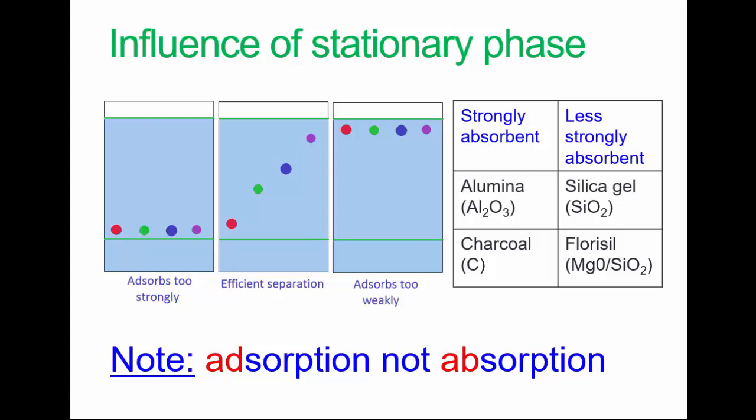Adsorption is the adherence of molecules to a surface. This process creates a film of the adsorbate, the molecules or atoms being accumulated on the surface of the adsorbent. And it differs from absorption, in which a fluid permeates or is dissolved in a liquid or solid. And there are some examples of various TLC plate coatings there.